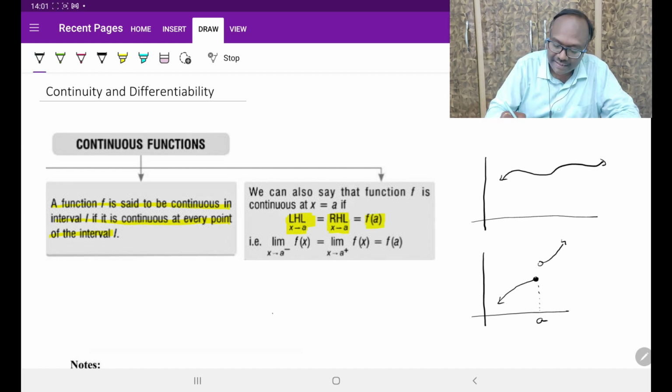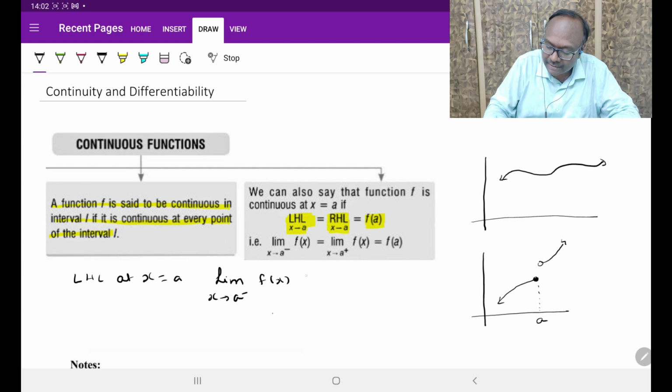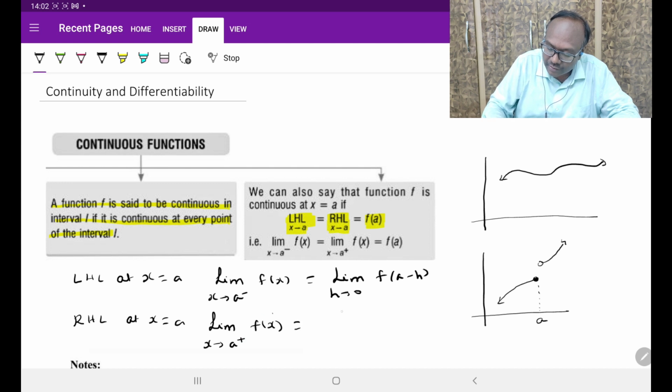So we have already seen in the previous video how to find the left hand limit. So LHL at x equal to a is given by limit x tends to a minus f of x, which is limit h tends to 0 f of a minus h, and RHL at x equal to a is given by limit x tends to a plus f of x is equal to limit h tends to 0 f of a plus h.